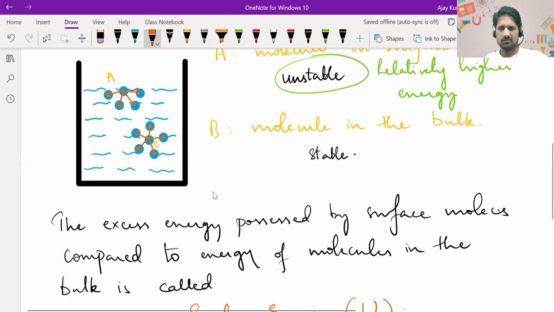Now, it's obvious that the more molecules on the surface, meaning more exposed molecules, the greater the instability. Every molecule on the surface is relatively unstable compared to molecules inside the liquid. If there are 10 molecules, you'll have 10x amount of energy. If there are 100 molecules on the surface exposed to air, you'll have 100x amount of energy.